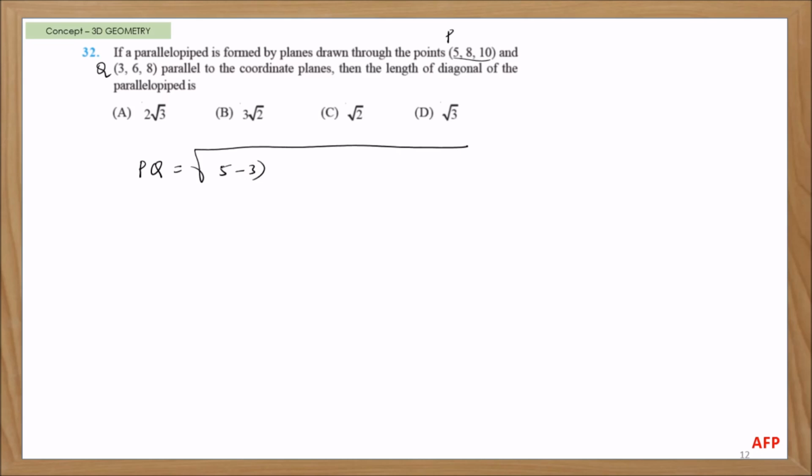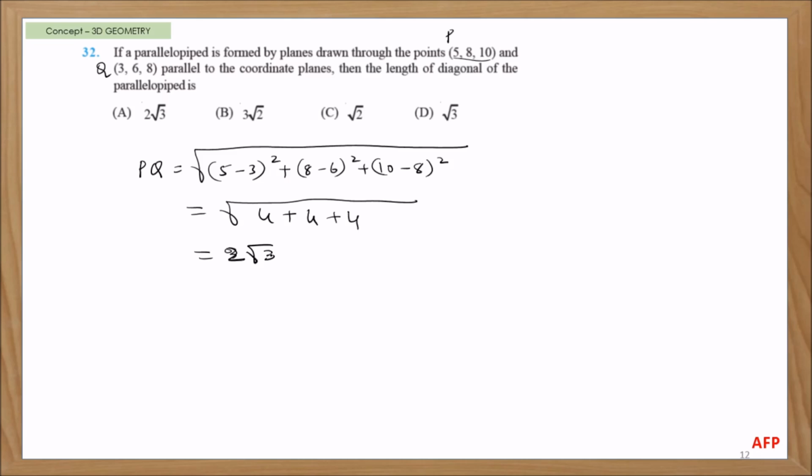Take this as point P and this as point Q. The distance is the square root of (5 minus 3) whole squared plus (8 minus 6) whole squared plus (10 minus 8) whole squared. So it is nothing but 4 plus 4 plus 4, which is 2 root 3. 2 root 3 is the correct answer, so option A is the correct one.